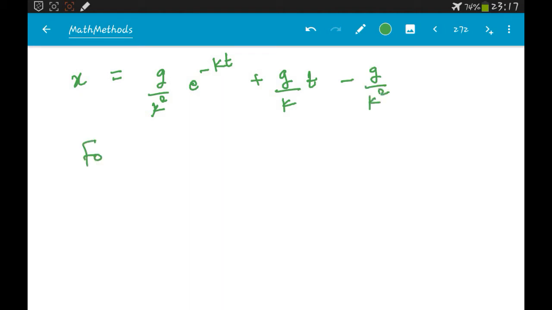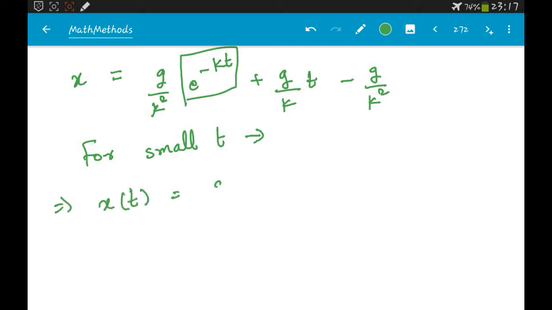Now for small t, we can write this exponential in the form of a Taylor series. So for small t we have x of t is equal to g by k square into 1 minus kt plus all the higher order terms.